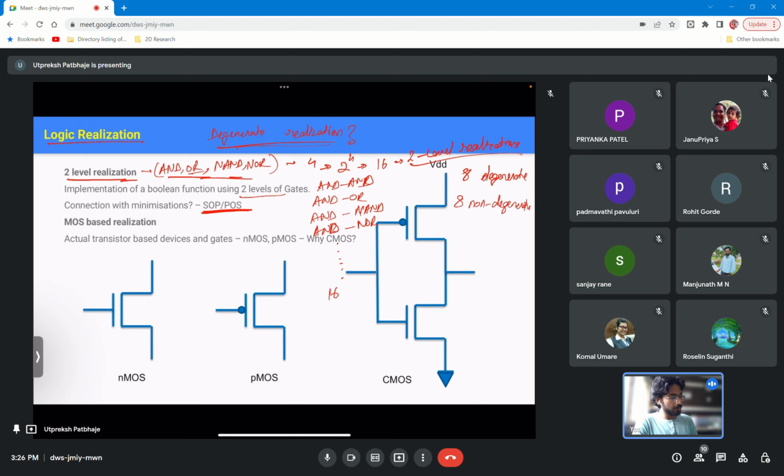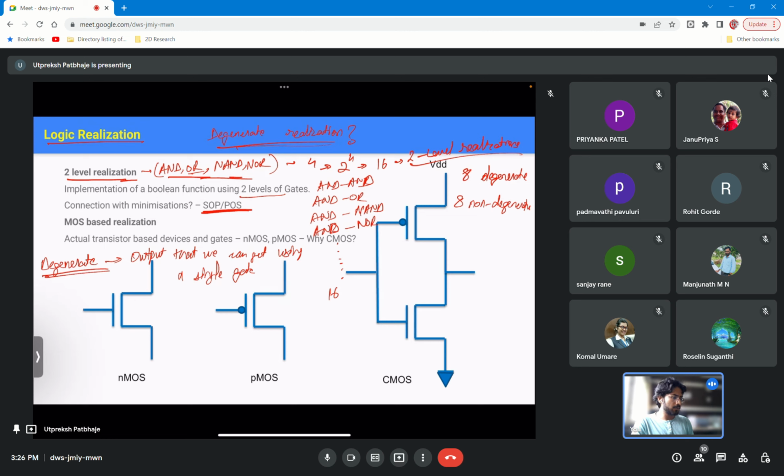What that means is the degenerate combinations will essentially be doing the operation of a single gate, so the output that we can get using a single gate. Those combinations are degenerate combinations. So out of these 16 combinations, 8 will be degenerate.